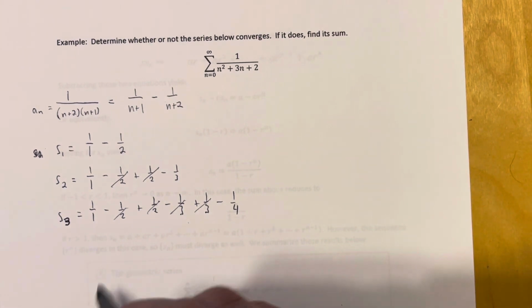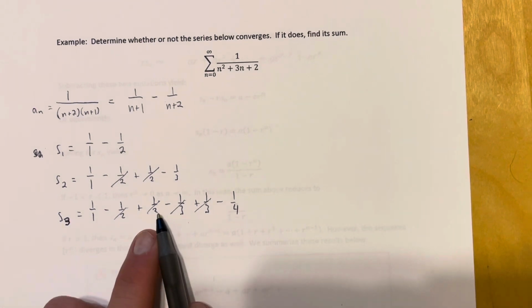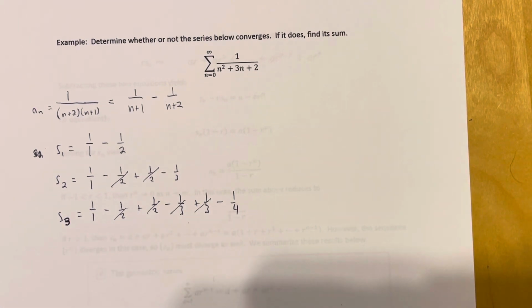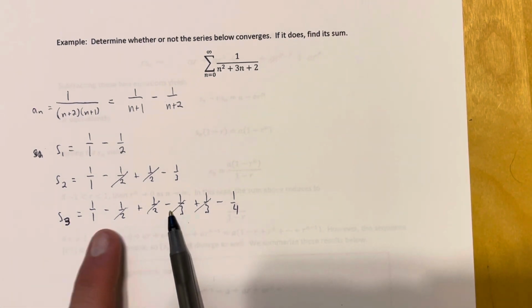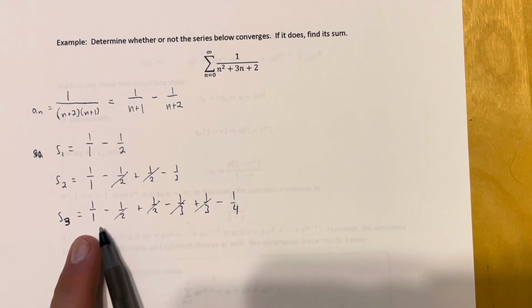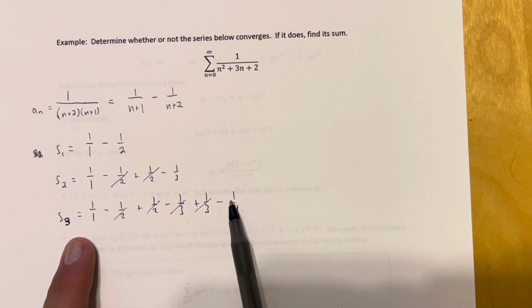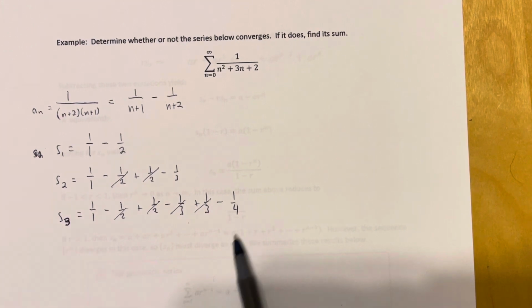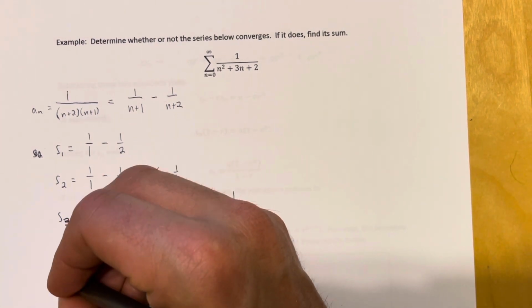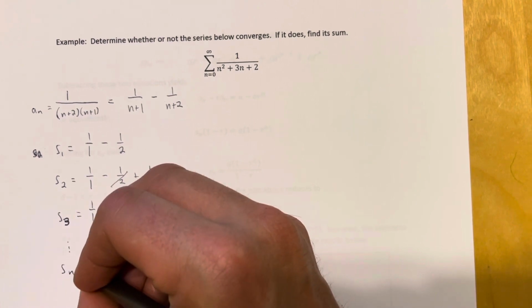In fact, if we kept going, what you're going to see happening is all of the terms in the middle of each partial sum cancel out, and I'm only going to be left with the first number here, which is 1, minus this final value here. Now, what if I did this all the way down to S sub n?